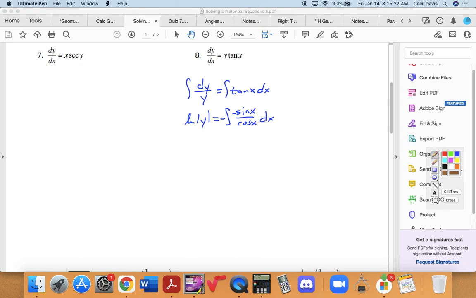I haven't changed its value. So I have a function in the denominator and its derivative in the numerator. That's natural log. So this is going to be natural log of the absolute value of y is equal to the opposite of the natural log of the absolute value of cosine plus c.